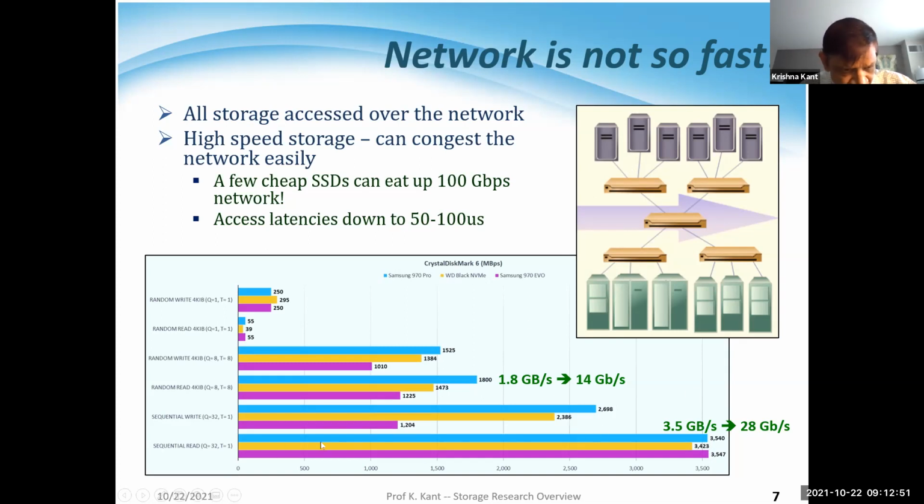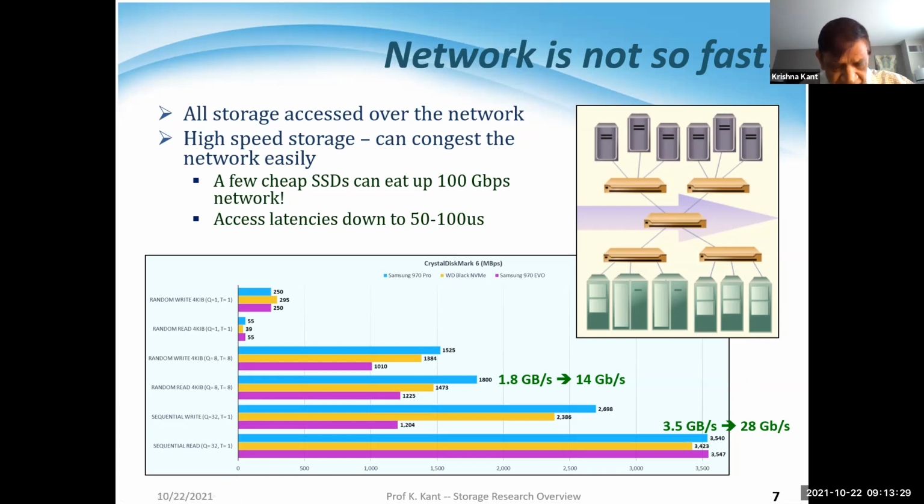At the bottom, you see that a single SSD, not multiple SSDs, with a sequential read, can put out 28 gigabits per second, which means that you couldn't possibly handle 3 of these at their peak rate on a 100 gigabit network. Even a more reasonable case, where the queue depth is 8, meaning 8 requests are pending, gives about 14 gigabits per second.